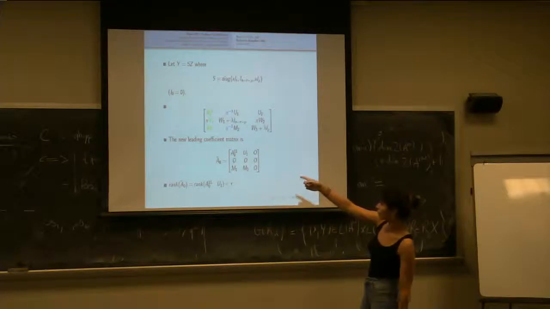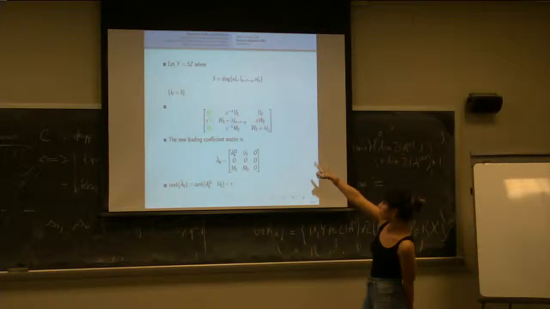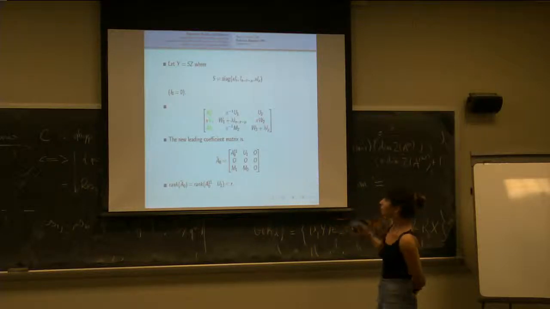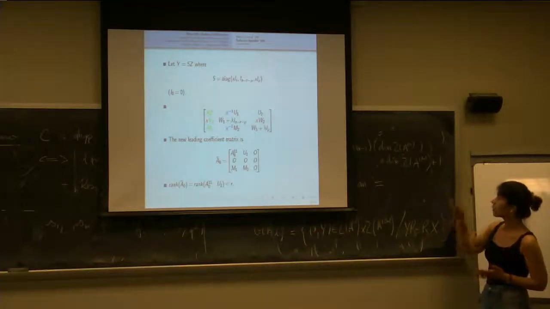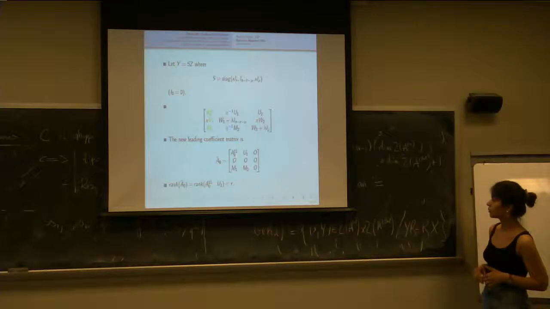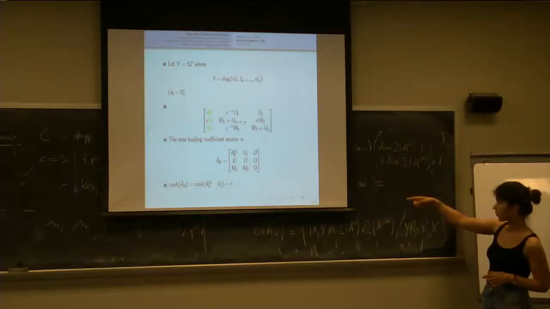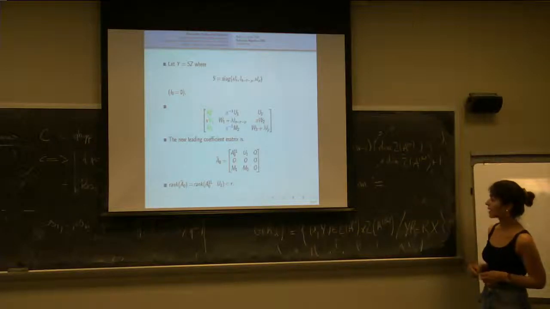the columns of A0, in particular V1, will be multiplied by x. And in A1, these columns, we have U1 and M2, will be shifted by x minus 1, so now they will be in A0, while W2 will be shifted to A2. So the new leading coefficient matrix is A tilde 0 of this form, and it has a rank less than the rank of the initial matrix.